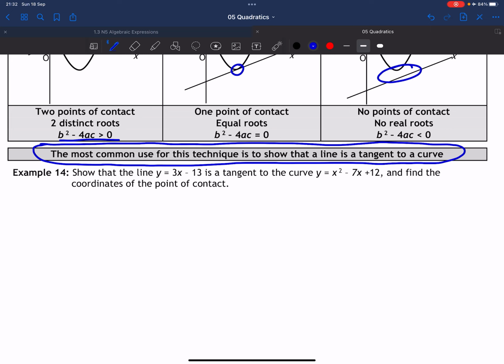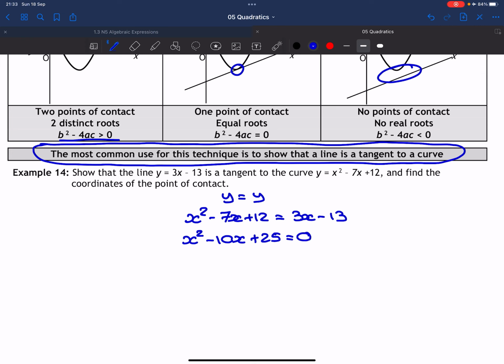The first thing I want to do is bring together my equation for the straight line and my equation for the quadratic. So I do y equals y, because I want to know if they intersect, and if they do, where. That gives me x squared minus 7x plus 12 is equal to 3x minus 13, so x squared minus 10x plus 25 is equal to 0.